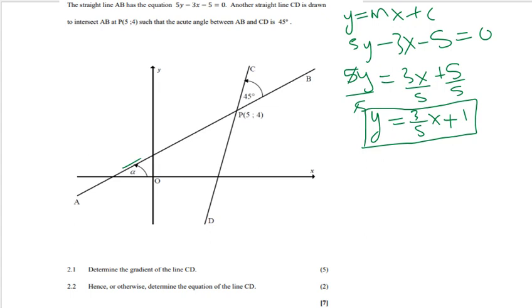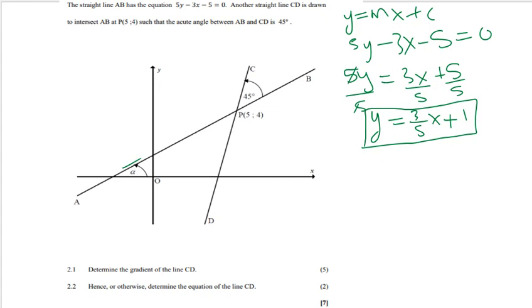They want me to find the gradient of this line CD. Now I'm starting to answer the problem. I was just fixing some issues, I guess, if I'm using the appropriate word.